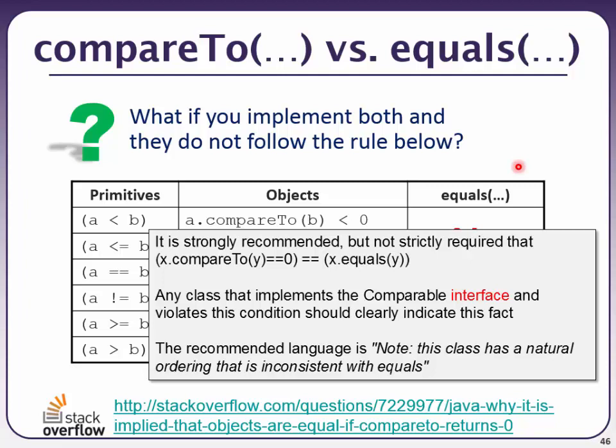As a matter of fact, if you decide to do that in one of your classes, there is even default language that is recommended for you to use in the documentation so as to warn other programmers that you're doing something a little weird. So here's the recommended language: "Note: this class has a natural ordering that is inconsistent with equals." So keep that in mind, be careful.